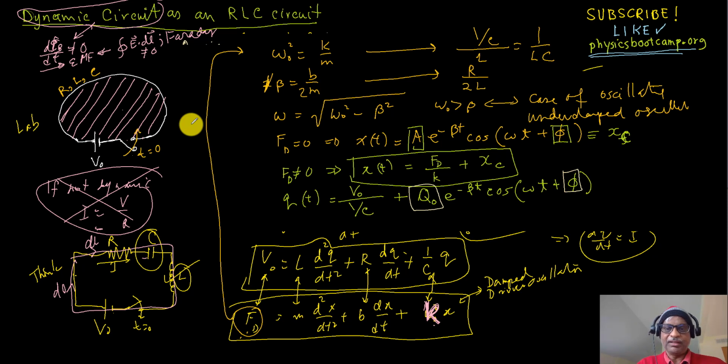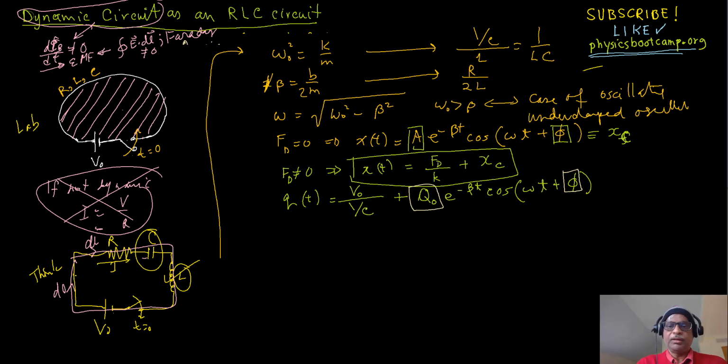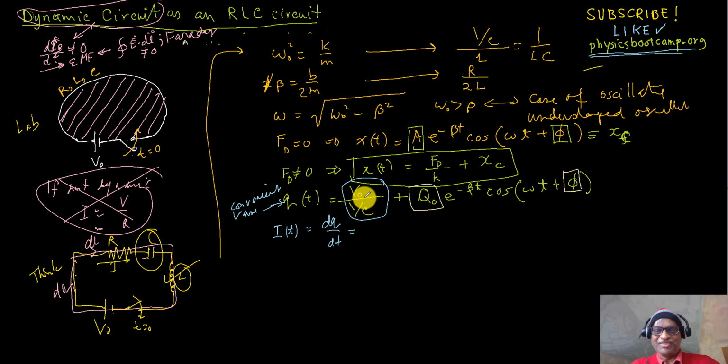Let me erase and get myself some more space. Okay, recall that q is just a convenient variable. There is no q anywhere, there's just a current, right? So what I want is I of t equals dq/dt. So I can do this out over here. This gives me 0. I went through all the stuff, but I still got a 0, taking a derivative of this whole thing.